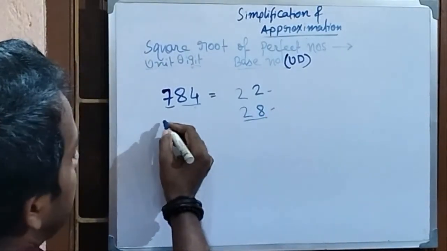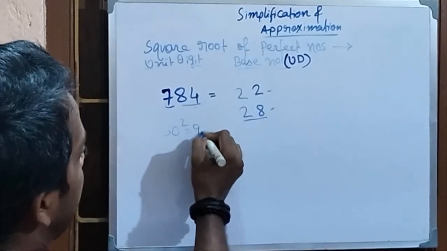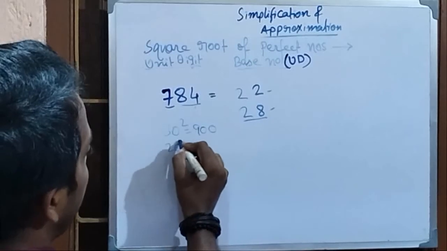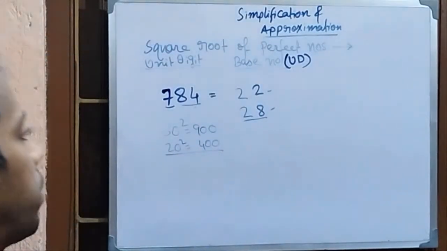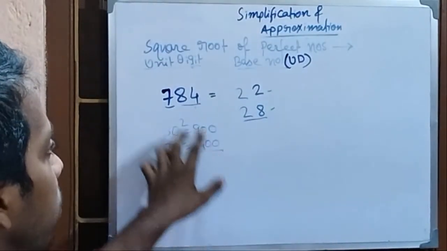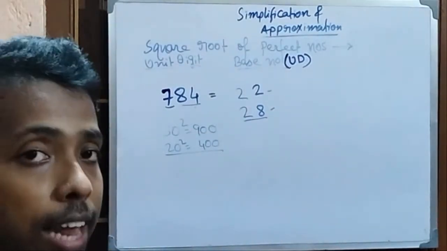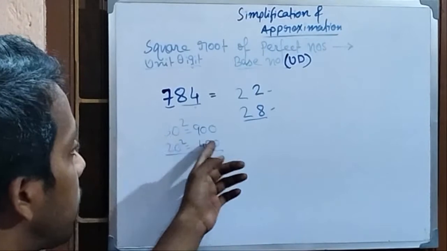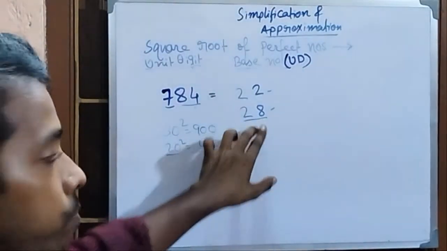So here see, again 30 square is 900, 20 square is 400. Which is more probable? Is 784 close to 400 or close to 900? On which side is the difference less? Obviously 900, right? So 28 is the answer here.